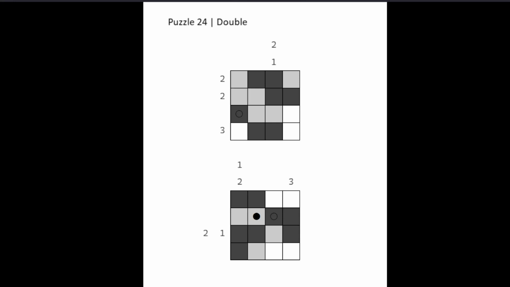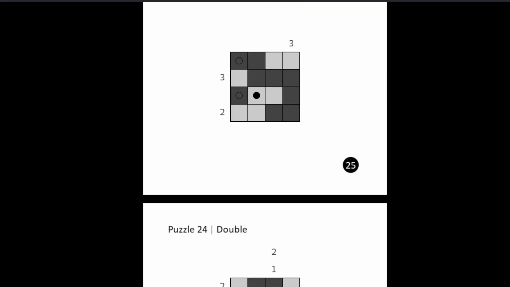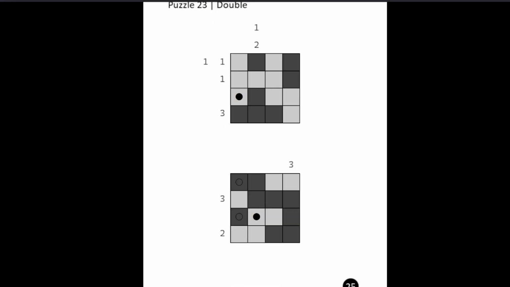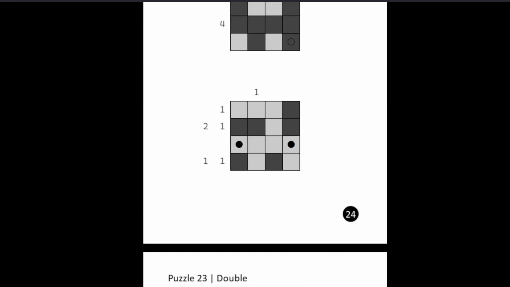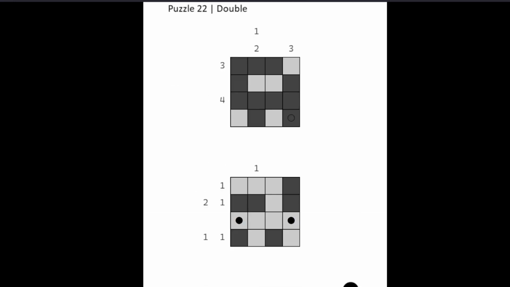Hold on. I was just thinking they indicate the opposite color. But are they indicating the color to the right of them?